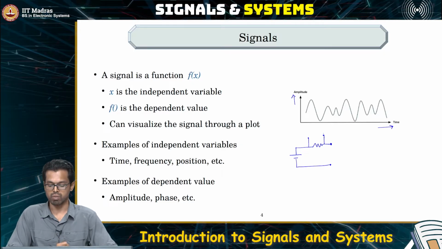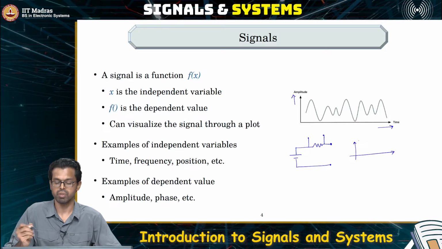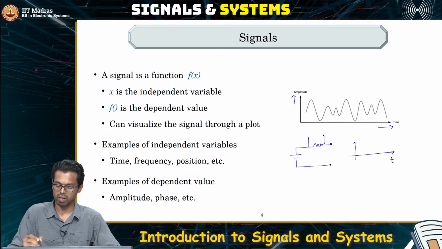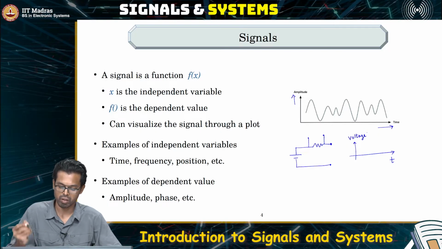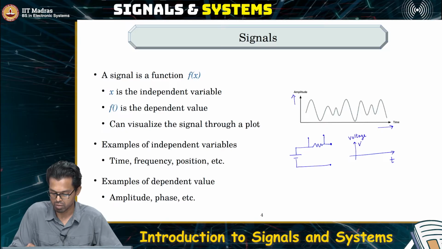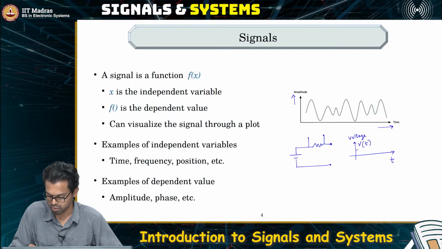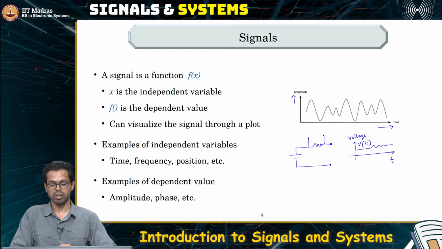Now what do you observe? You observe something which is a function of time. So you can plot on the x-axis the time, and you can plot the voltage that you see here. In other words, you're plotting the voltage as a function of time. It can probably be something like this. It can fluctuate depending upon the battery level and so on.